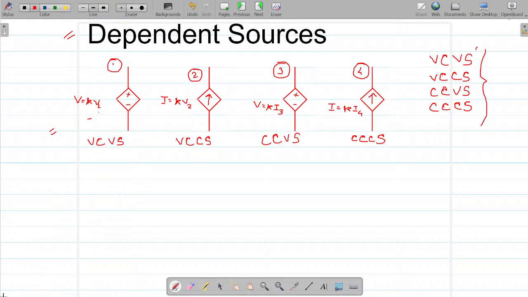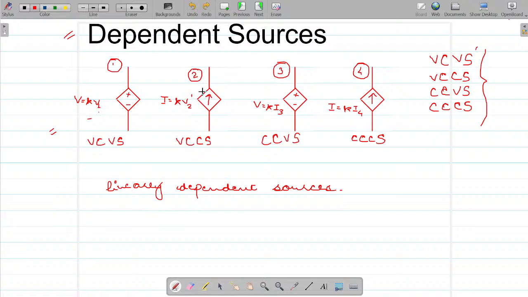Generally, these are linearly dependent sources. So generally, what would you find? You would find these controlling parameters with the index of 1, right?